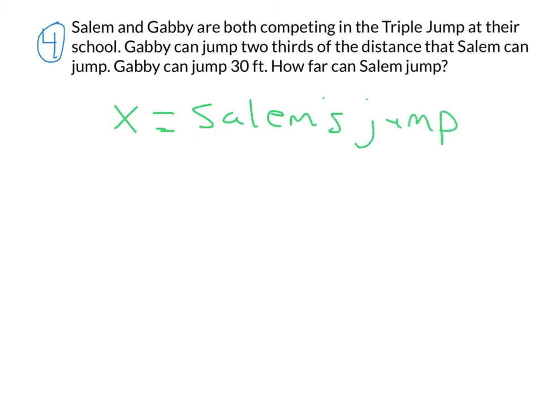Now in our problem it says Gabby can jump 2/3 of the distance Salem can jump. Well, 2/3 we know that's a number, that's a fraction. The word of, I know I mentioned this in class a couple times, stands for multiplication.